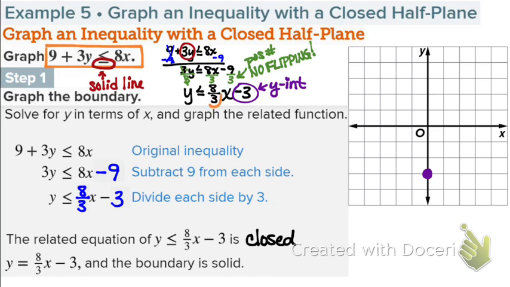Yes. 8 over 3 is my rise over run. So we're going to go up 8, and we're going to go to the right 3. So 1, 2, 3, 4, 5, 6, 7, 8. Up 8. And to the right, 1, 2, 3.